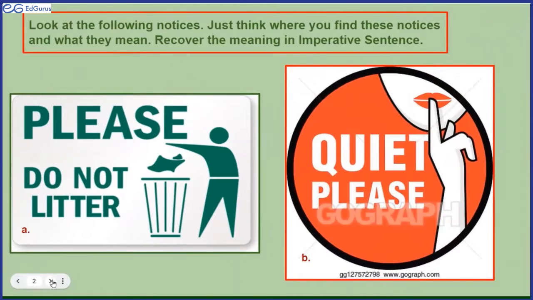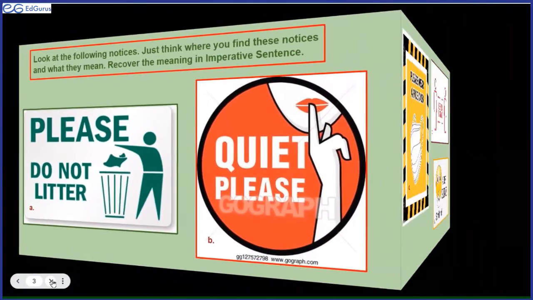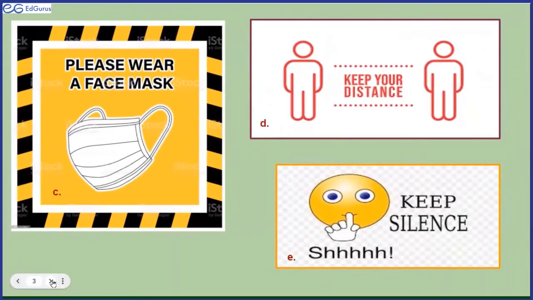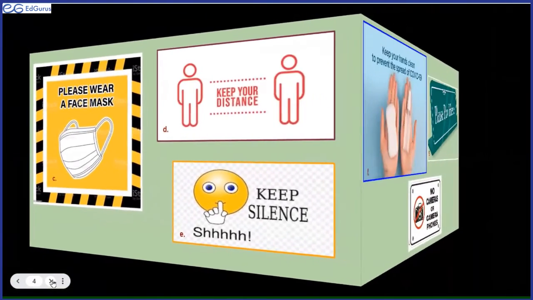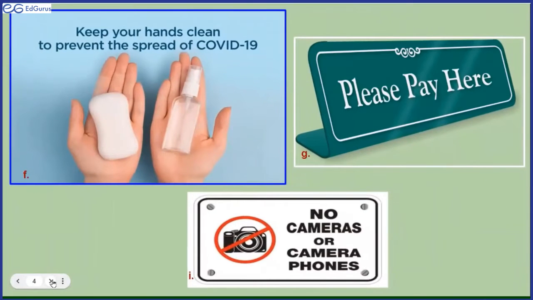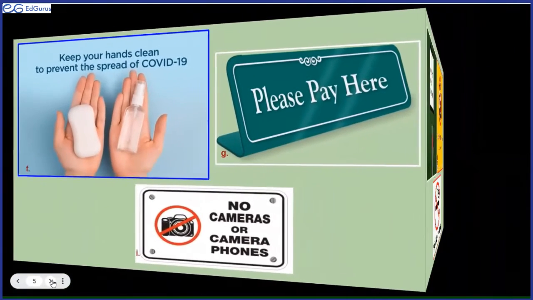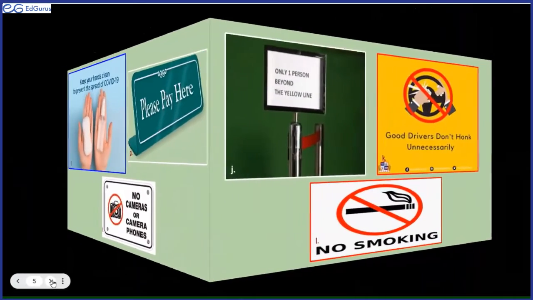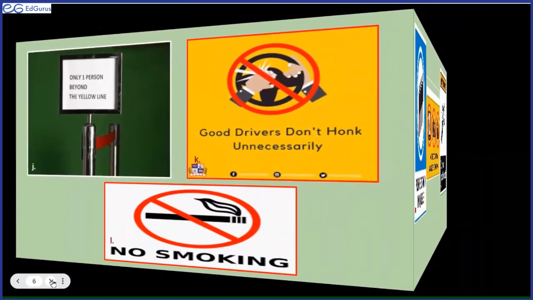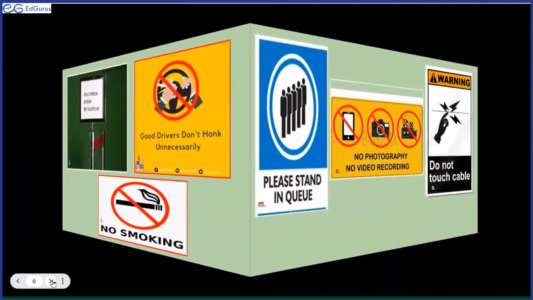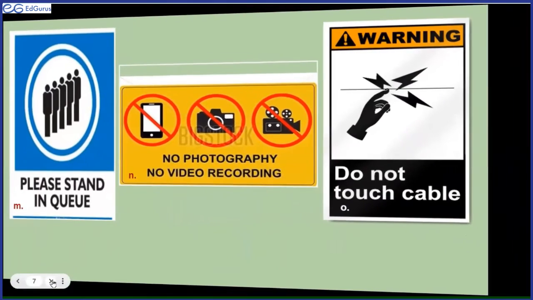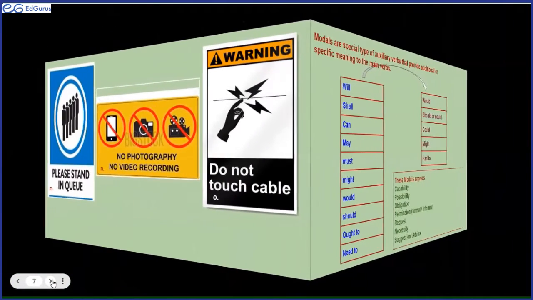Then we had discussed a few notices, which we find at various places. It was a small warm-up activity, and the purpose was to recover the instructions or the expressions behind these notices. So ultimately, what we found was that these very posters or notices are some instructions or suggestions expressed.